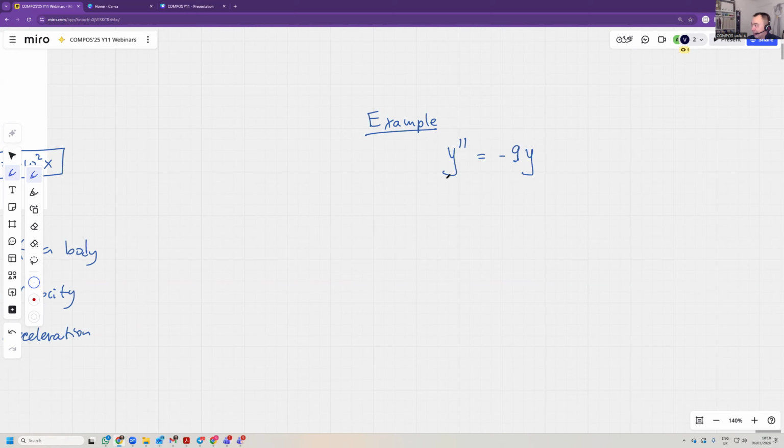And I will attempt to guess a solution. I want to guess what y is. My guess is going to be y is sine 3x. Okay? So this is my guess.